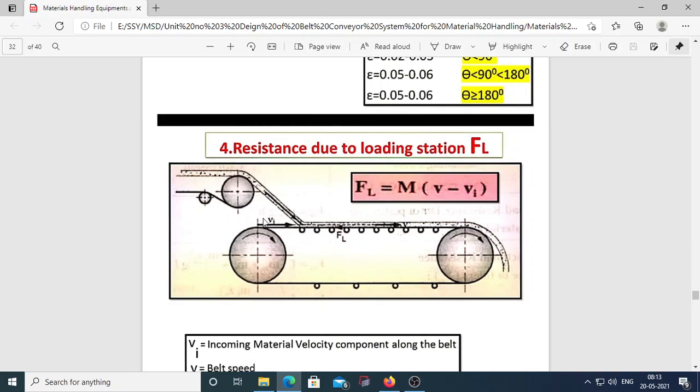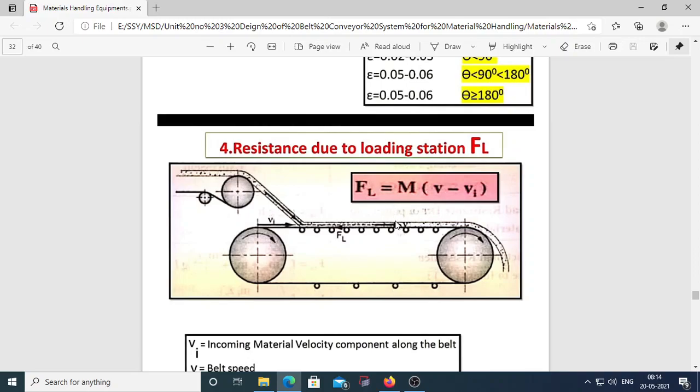Vi is the initial speed, and the belt speed is V. You know M is the mass capacity of the conveyor, or we can say the mass of material carried by the conveyor. V is the belt speed and Vi is the component of incoming material velocity along the belt line.